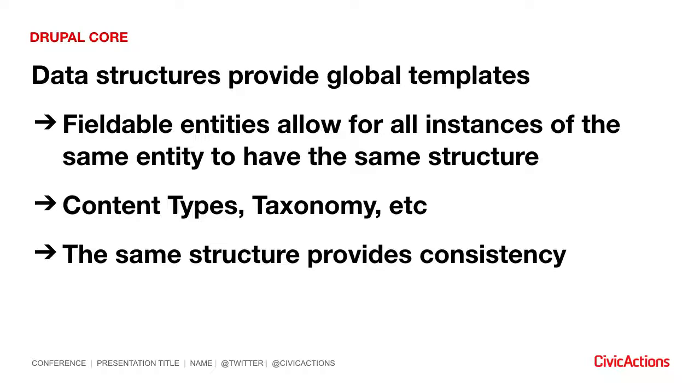And that includes content types and taxonomies and things that ship with Drupal out of the box, right, that we can add different fields to or change the attributes of the bundle or the node type or what have you. And we have then consistency in our structure. And so that allows every single one of those instances to have a global and consistent behavior every time that you enter the fields. It renders the same way, right?